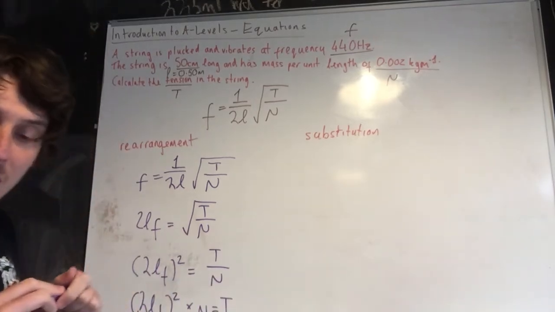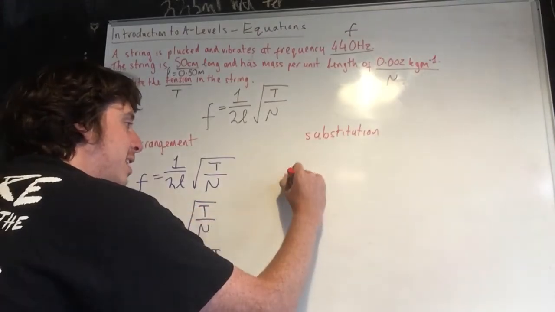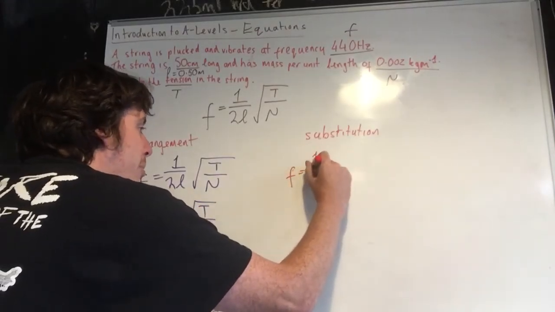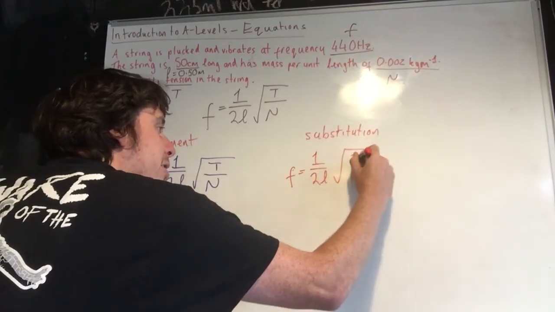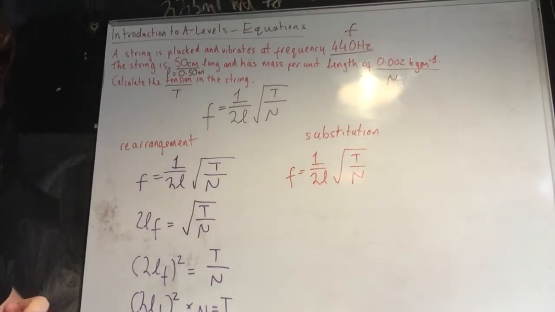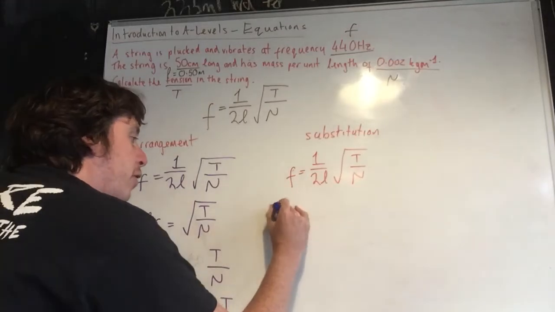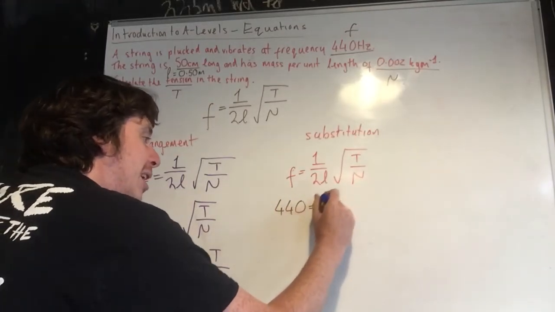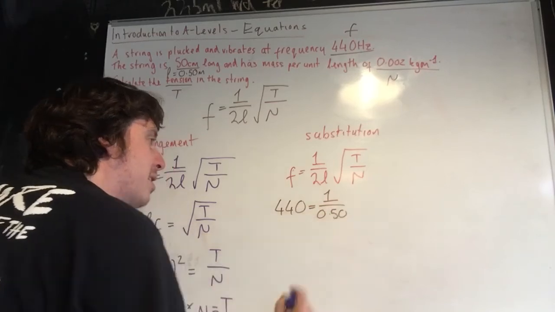The other way of doing it is taking the original equation and substituting in the values. Now this is the method that I always preferred when I was an A-level student, and to be honest with you, it's still the method that I use now. So the way you do this is you put your values in. Frequency is 440, length is 50 centimetres, so 0.50 metres.